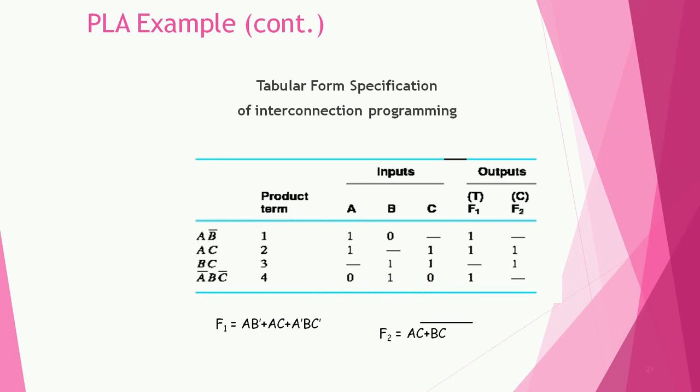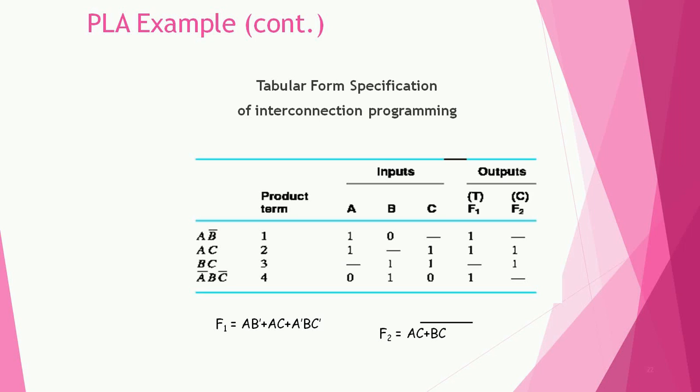This is the interconnection program, or we can say the programming table of the PLA. The first column indicates the product terms, the second is the product term number, then we have the inputs, and in the last column we have the outputs.